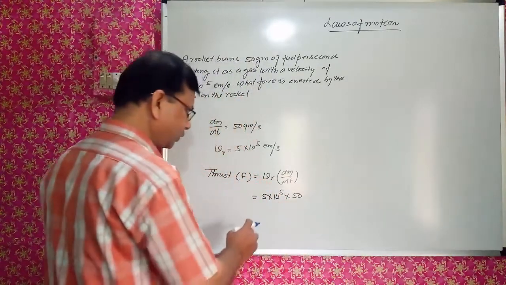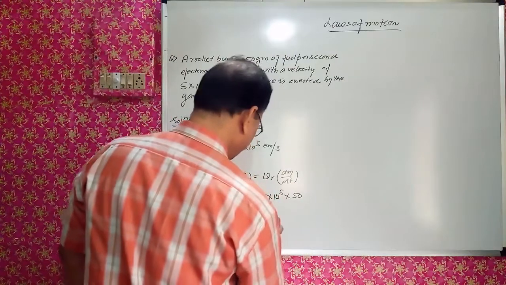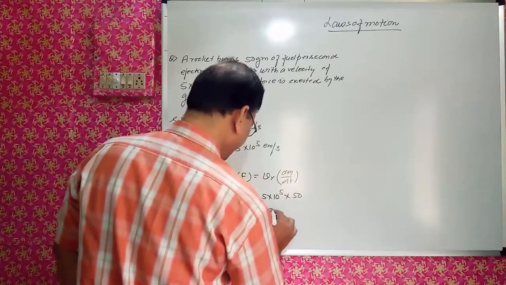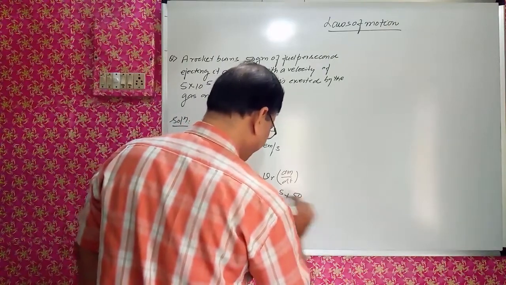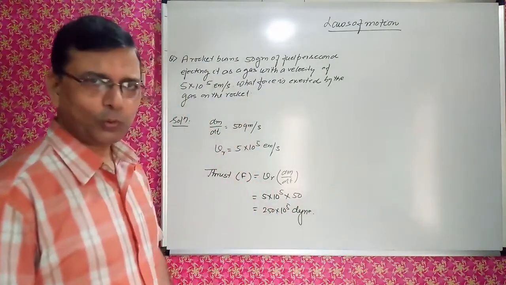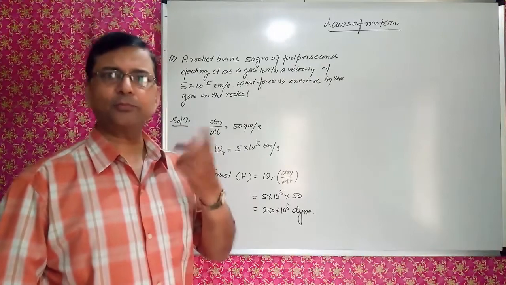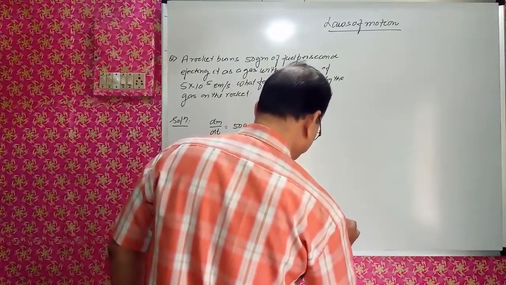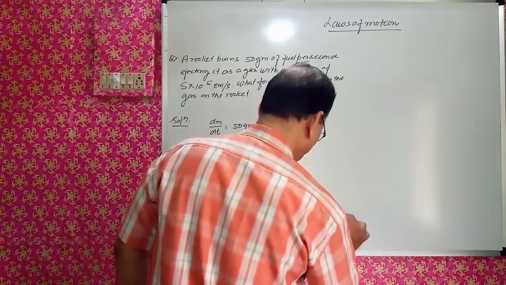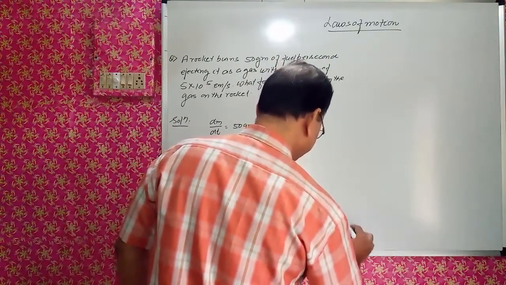So how much is it? That is 250 into 10 to the power 5 dyne. And we know that 1 Newton is equal to 10 to the power 5 dyne. Therefore, that is 250 Newton. This is the answer.